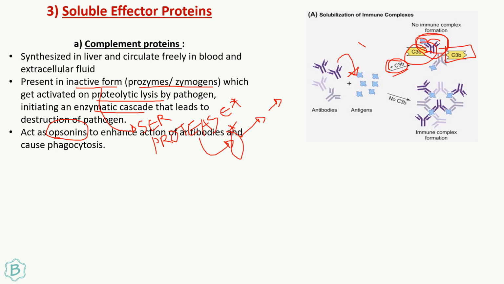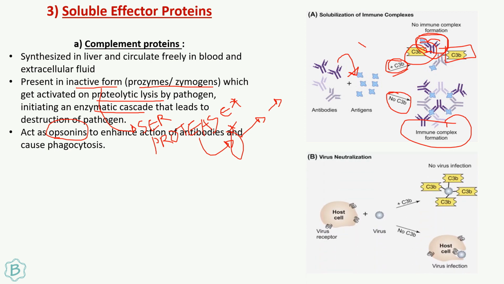In this way, it is enhancing your overall immunity by the antibodies. But on the other hand, if this C3b protein is not binding, then it might take a lot of time to clear out the infection, or in some cases, it may not happen at all.